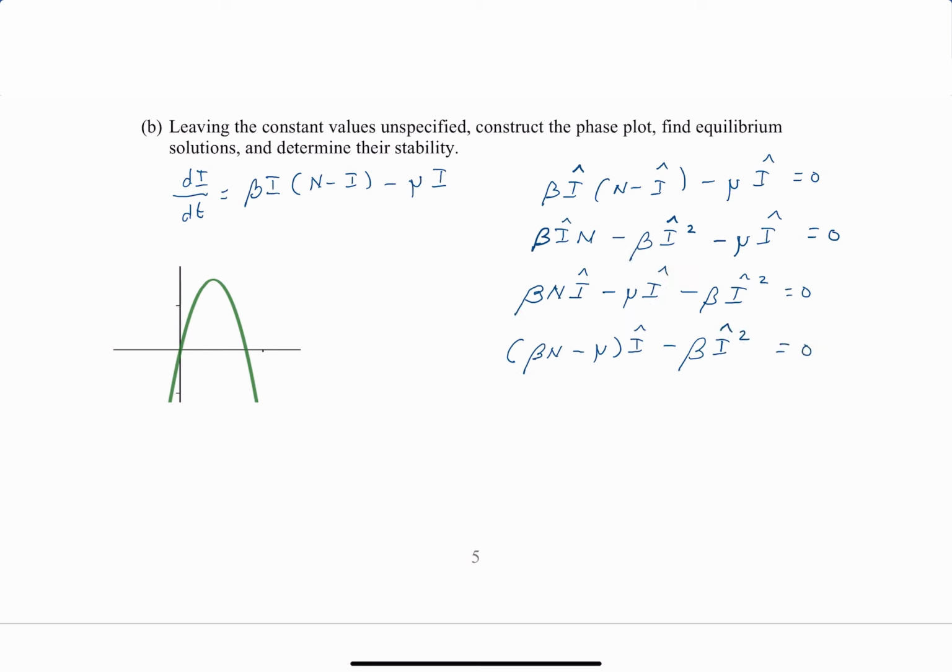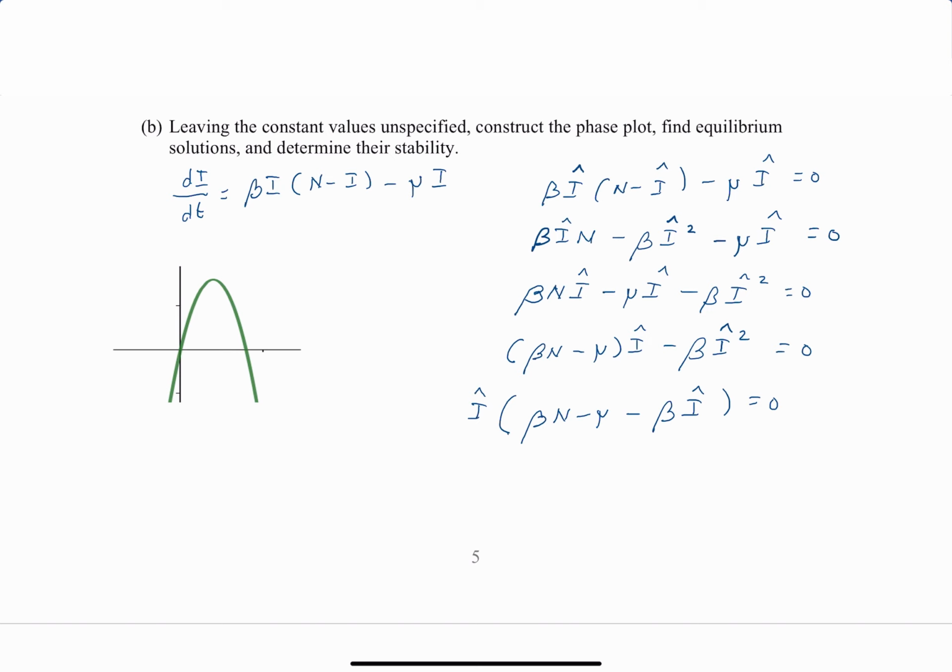And now we have two kind of giant terms, if you want to call them that, an I hat term and an I hat squared term. So I'll factor an I hat out of those two. That'll leave me I hat times beta n minus mu minus beta I hat.